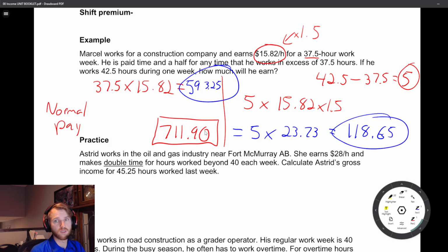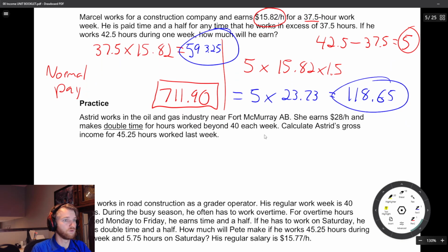So overtime really adds up quick. A lot of people, if they have an opportunity to work overtime, will always work overtime. It depends on your lifestyle and the work that you do, but taking an overtime shift can be very worth your while for sure.